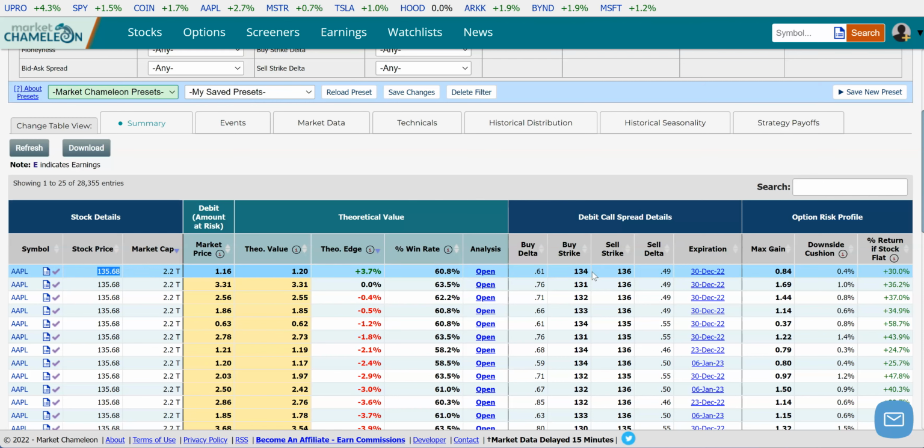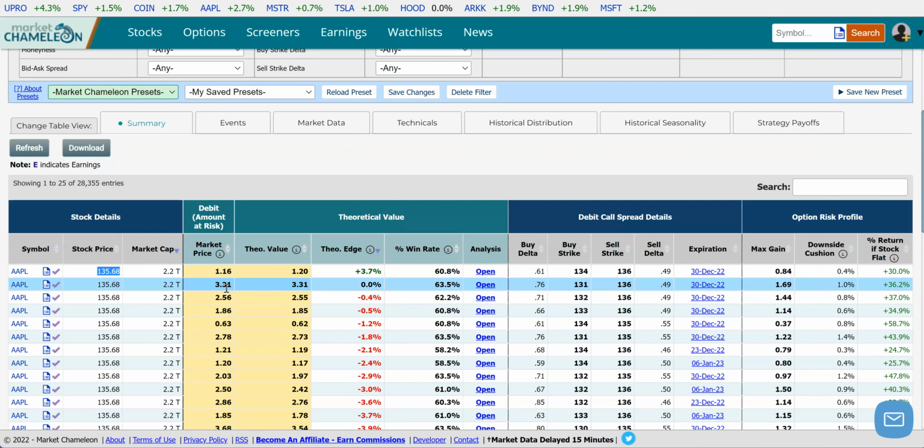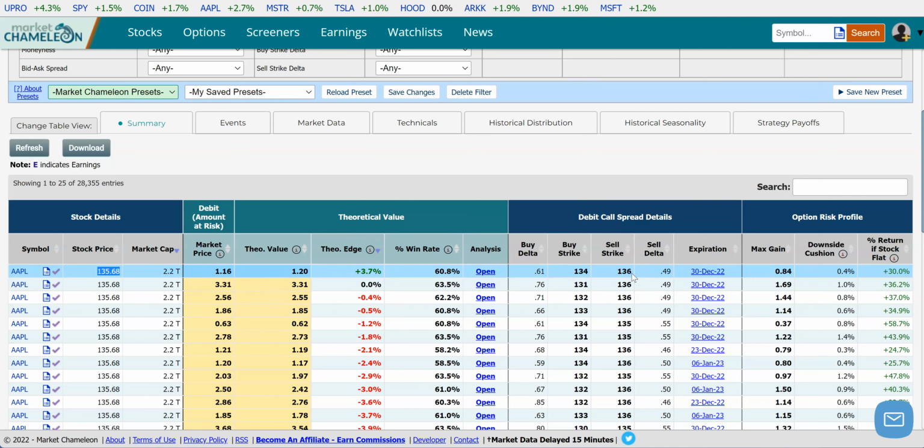Here it shows us a call spread buying the strike of 134 and selling the strike of 136, and the stock is 135.68. So the stock has not gone up yet above the highest strike, but it is in the money because it's above your lower strike.